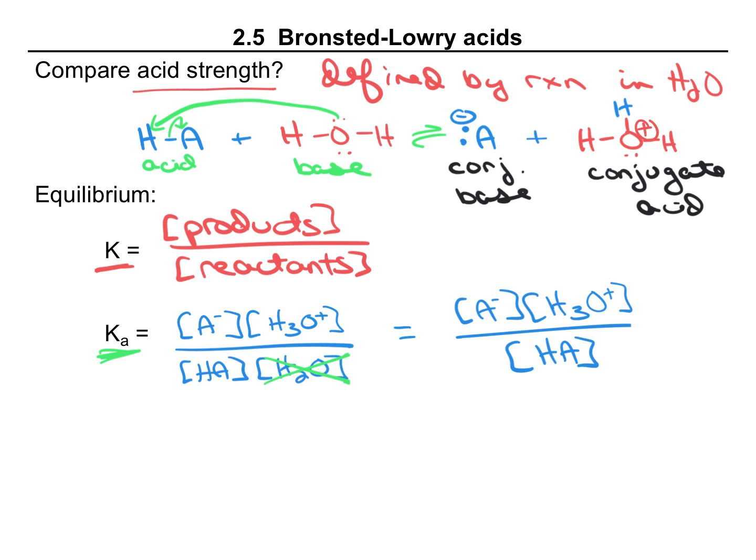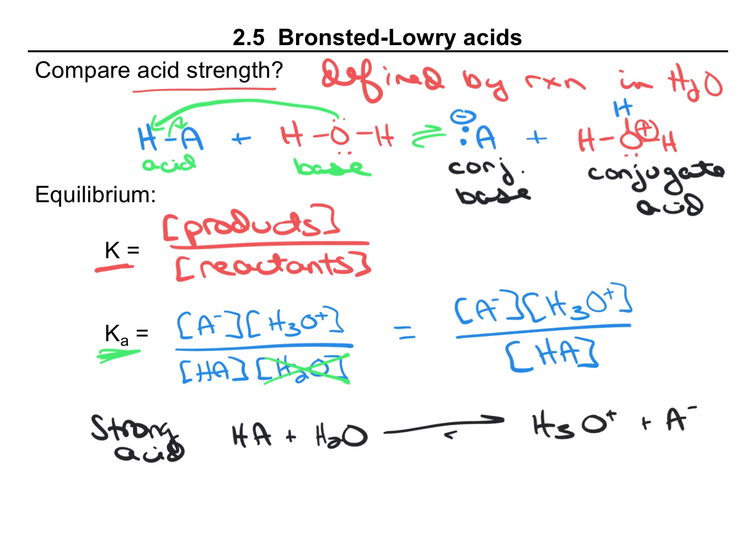Now, if we were to consider a strong acid, for this, HA plus water, the equilibrium lies very, very far to the right to give H3O plus and A minus. Now, with the equilibrium lying very far to the right, that means once this reaction has established equilibrium, we're going to have lots of products and very little starting material.